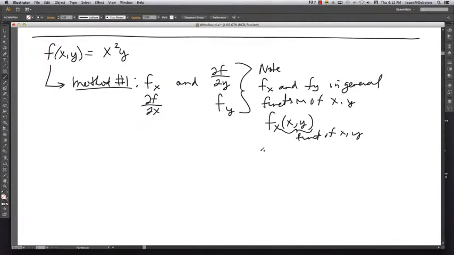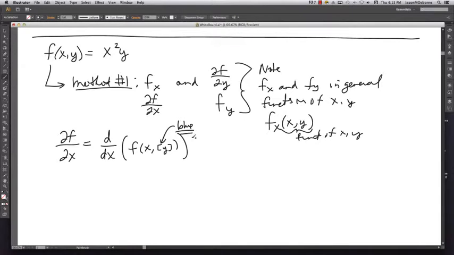So what you could then do, method number 1, is to say that the partial derivative of f with respect to x, for example, the book goes through the process of saying that this is the derivative with respect to x of the function f, and it's a function of x, and you hold y constant. Okay, in your book, they use this to be some blue variable, but since I'm not going to write it in blue, I'll just put square brackets around it to mean that y is held constant.